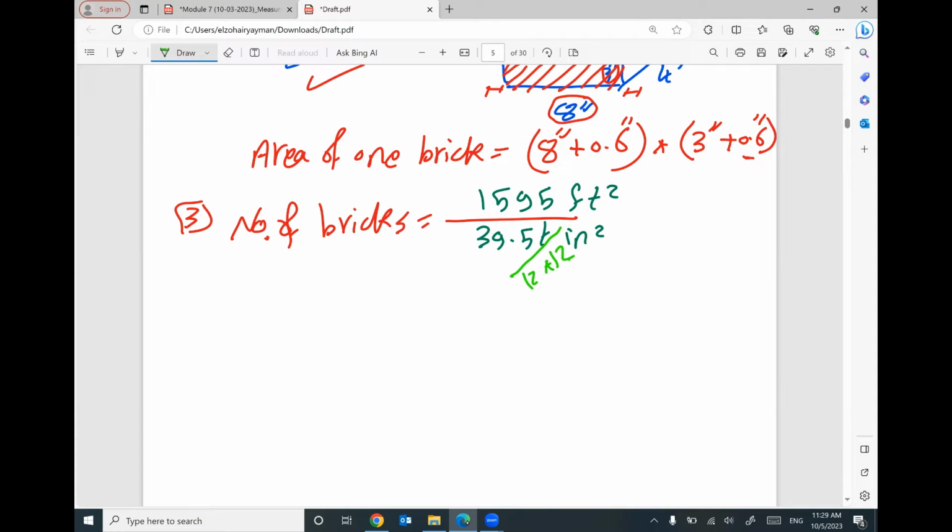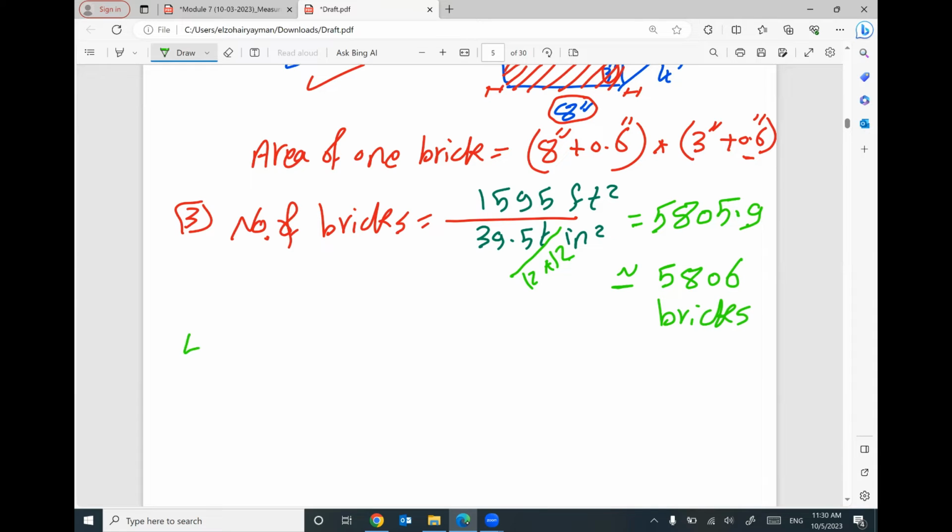I got here the number, that first initial number equal 5,805.9. So I will round up this number to be an integer number, 5,806 bricks.